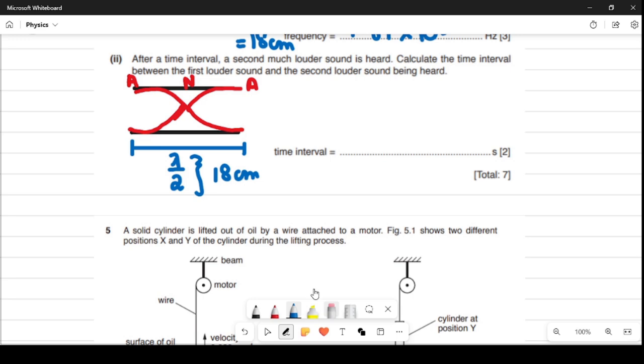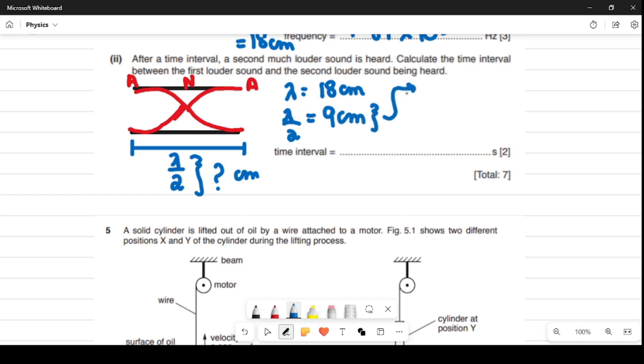Oh, my bad. So sorry. Lambda by 2 is what we have to calculate. Lambda we know is 18 centimeters. So automatically lambda by 2 is going to be 9 centimeters. Using this information that lambda by 2 is 9 centimeters, we have to find the time interval.